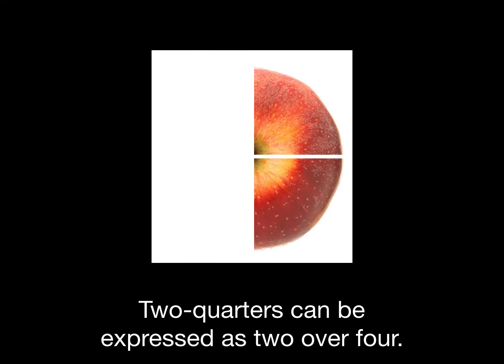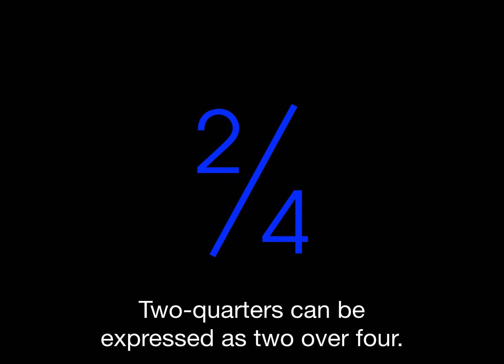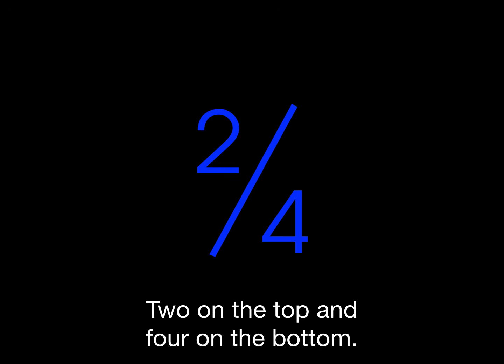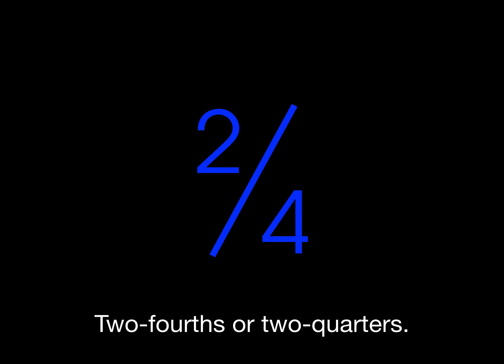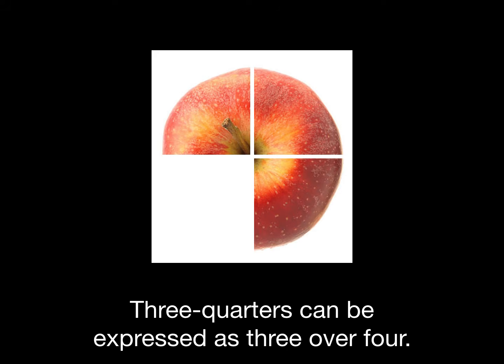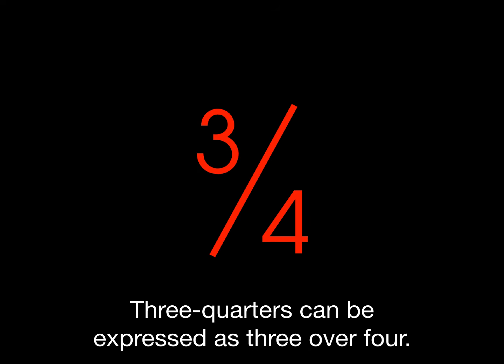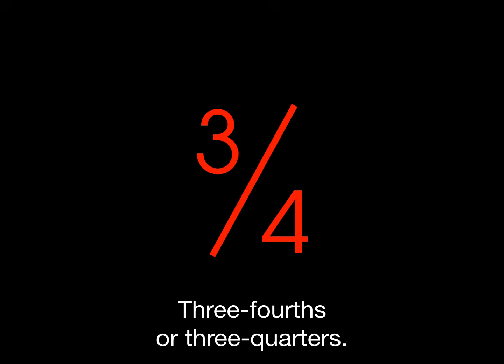2 quarters can be expressed as 2 over 4. 2 on the top and 4 on the bottom. 2/4 or 2 quarters. 3 quarters can be expressed as 3 over 4. 3/4 or 3 quarters.